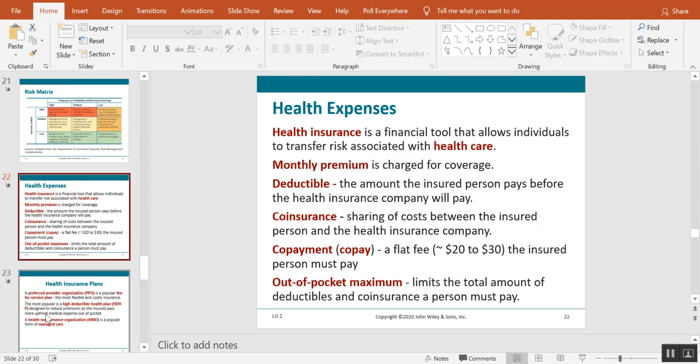Health expenses are, well, we have very large health expenses in this country. We do have a very large industry basically in healthcare. And so, one of the things that we need to talk about here is how that insurance works, how healthcare works.